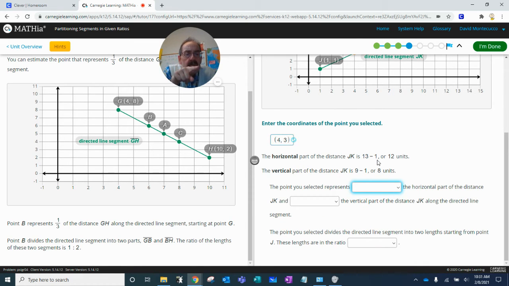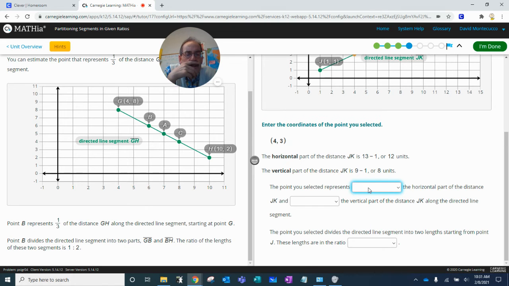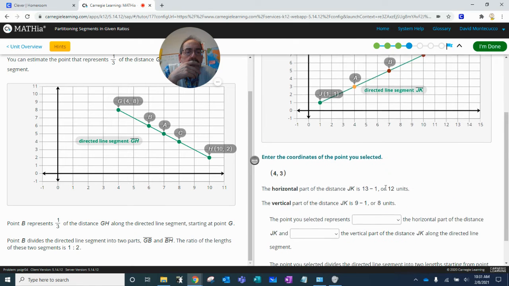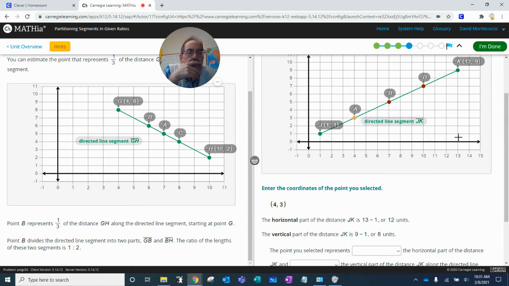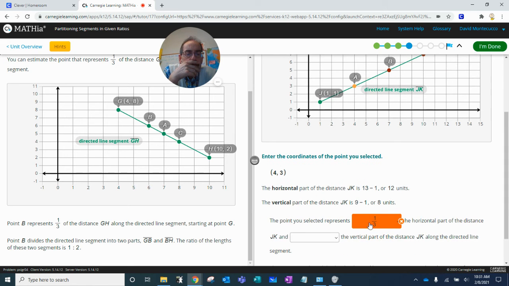The horizontal, the vertical, the point you selected represents the point you selected. Twelve, 4, a third, oh, a fourth.